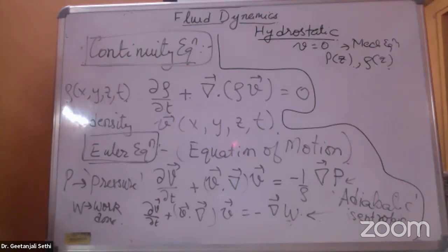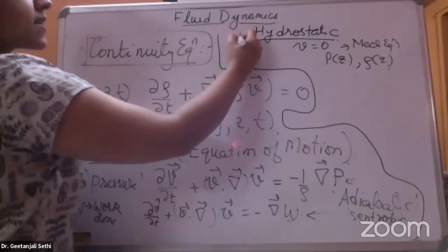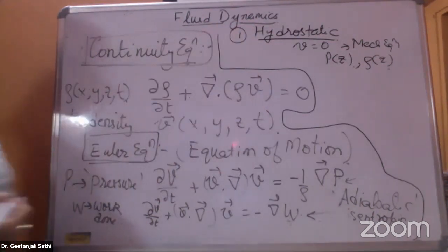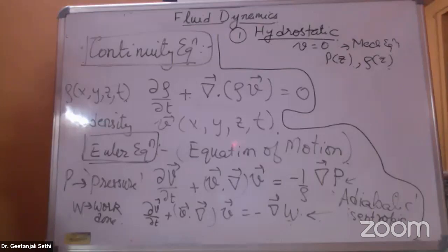Right? Now, before I start working towards Navier-Stokes equation, there is one more simple example. So this was the first example where we looked at application of a hydrostatic system.